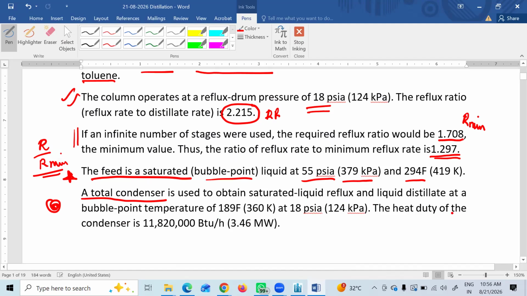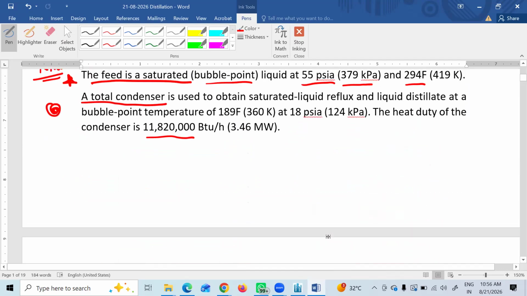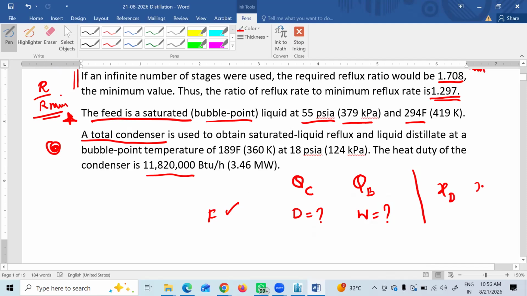Generally our intention in such distillation simulations would be majorly to find the heat duty of the condenser and the heat load in the reboiler. And of course, given the feed, we need to find what the distillate and residue are, and then check with the specifications whether they are met or not.